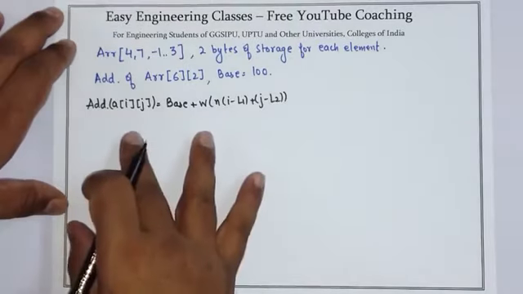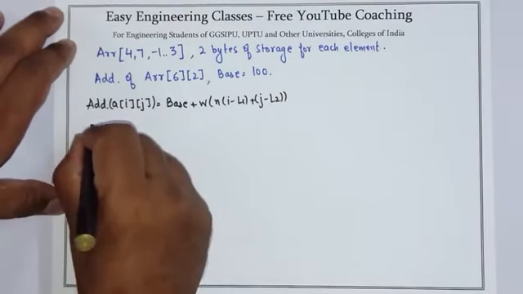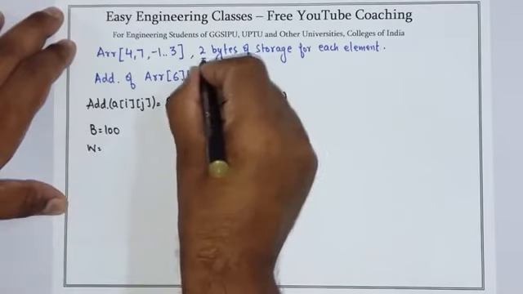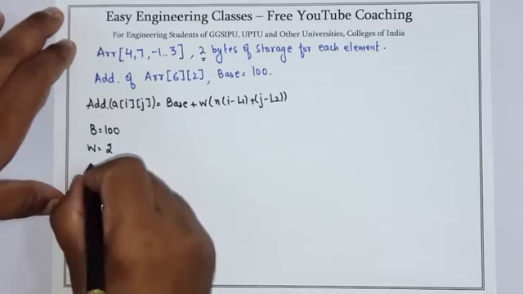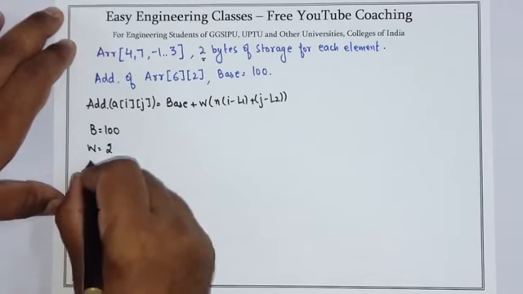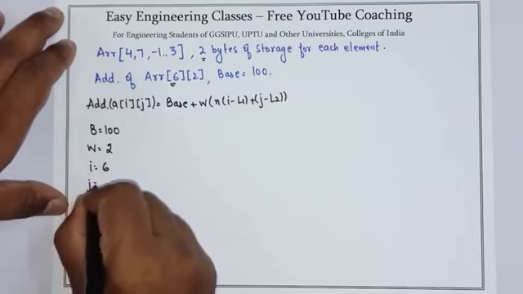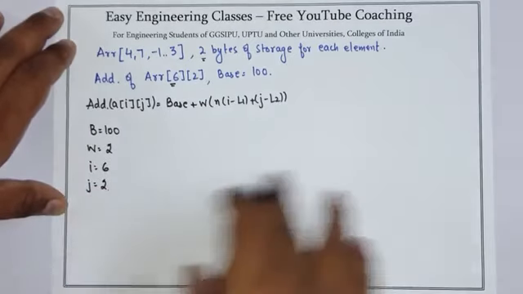So now let's see what is given to us. Base is given to us as 100. W is given as 2. And I have to find for this. So i is 6 and j is 2.